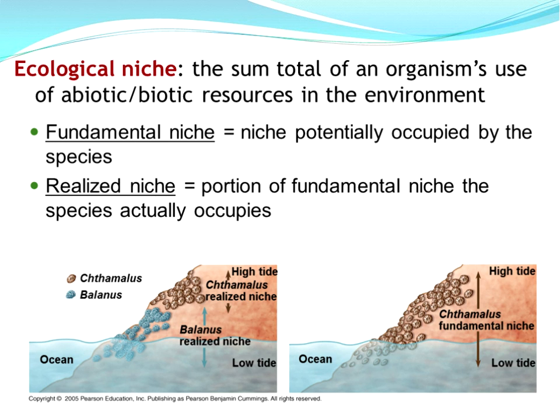So again, fundamental is what they might be able to, but realized is what they actually do. So sometimes organisms could occupy more than one area, but because of a need being filled by another organism, they only occupy a different niche that's necessary, because they are able to adapt in that way.